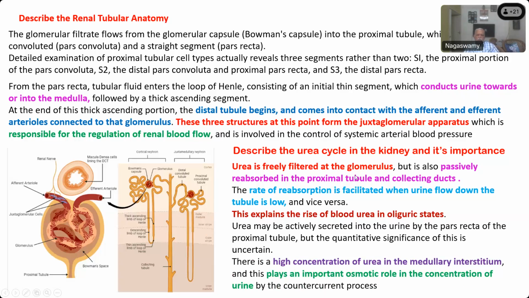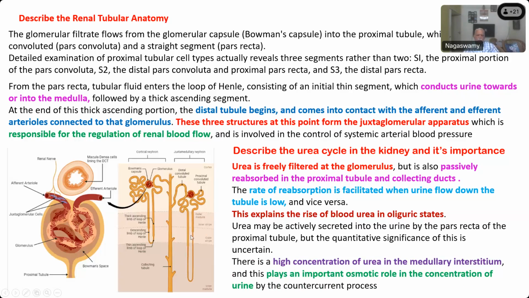Okay, so the urea cycle is nothing but the urea which is filtered freely at the glomerulus gets immediately reabsorbed at the proximal tubule, and whatever slightly remaining is also removed from the collecting ducts. This reabsorption depends on the volume and the rate of flow.